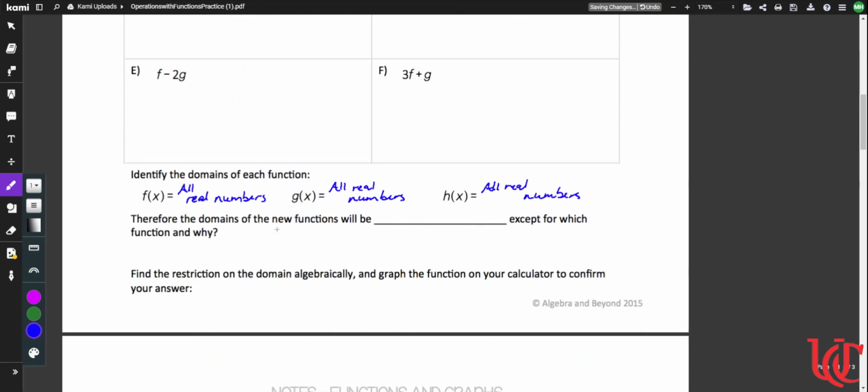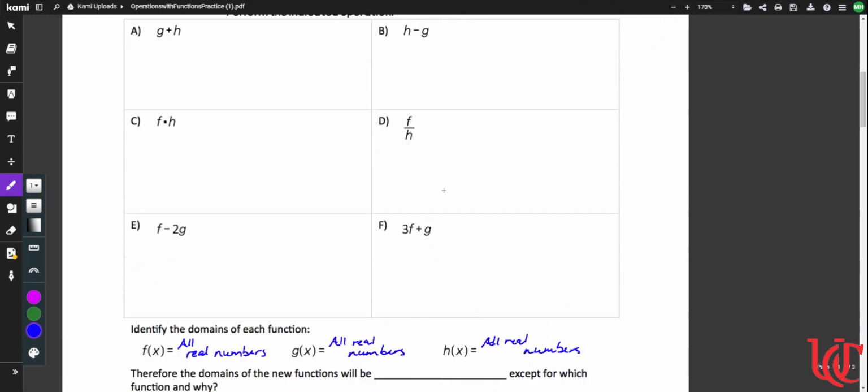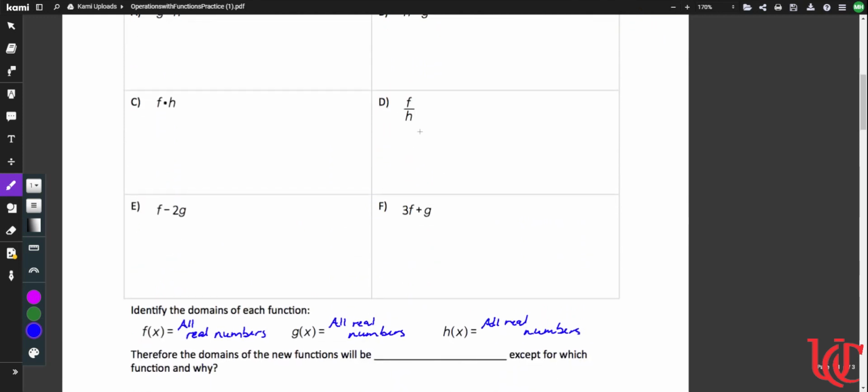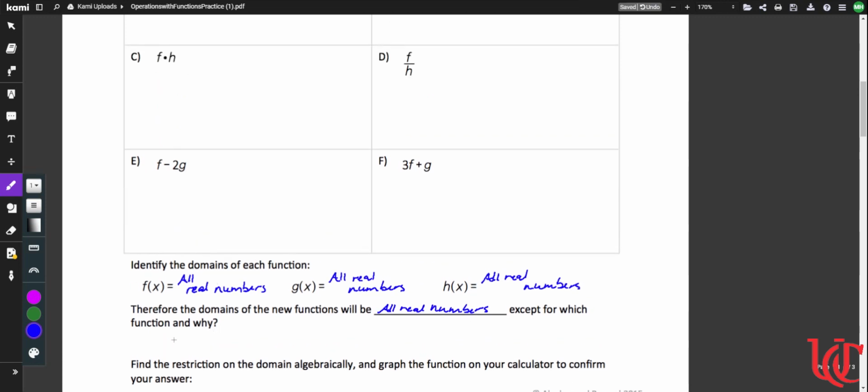Therefore, the domains of all the new functions will be all real numbers, except for when I'm dividing. So the only one is D, where I have F divided by H. So this is all real numbers, except for, what did I say, D? Which is F over H, F divided by H. Why?